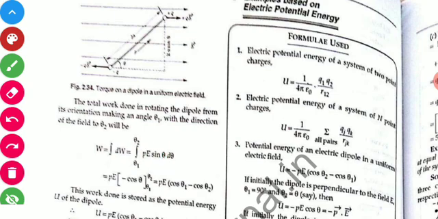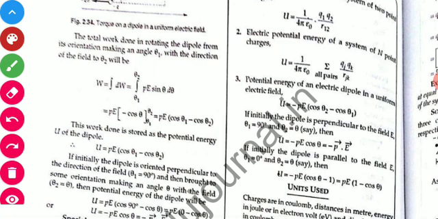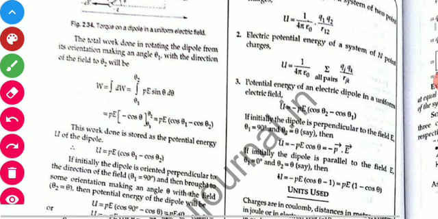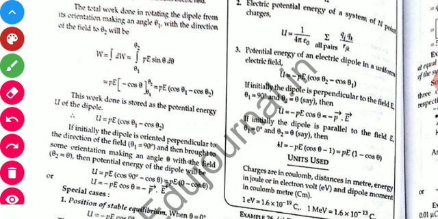Now, we can integrate this. The integration of sin theta, we know, is minus cos theta, and after putting the limits, upper limit minus lower limit, we get this expression, that is PE in the bracket cos theta 1 minus cos theta 2. This work done is stored as the potential energy of the dipole. So, U is equal to PE (cos theta 1 minus cos theta 2).